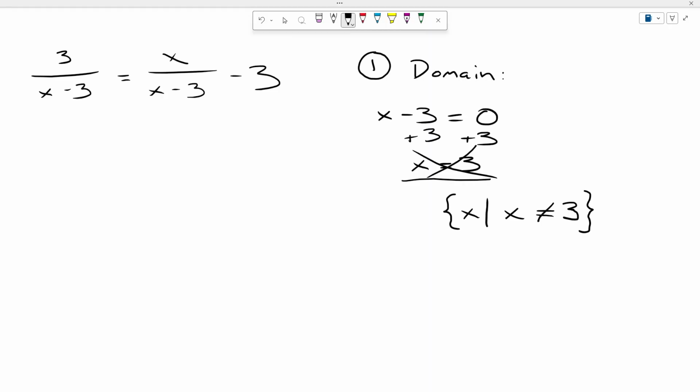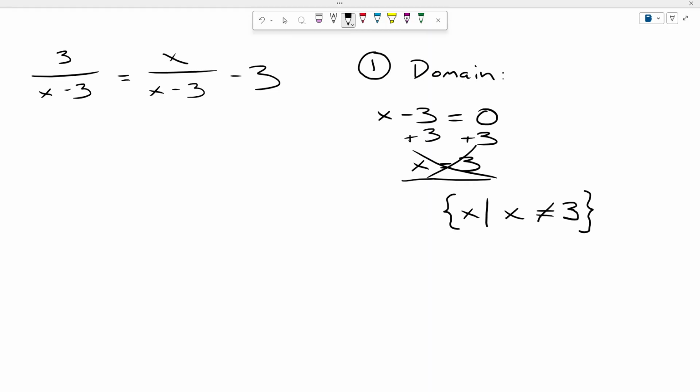You might see it written something like that, which is basically just saying that our domain is all real numbers except 3, everything but 3. Any other real number in there and we'll be fine, just not 3.